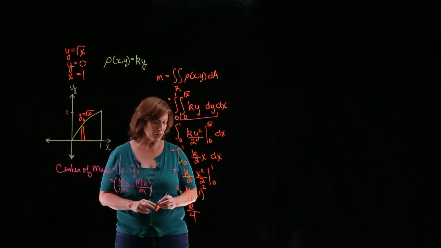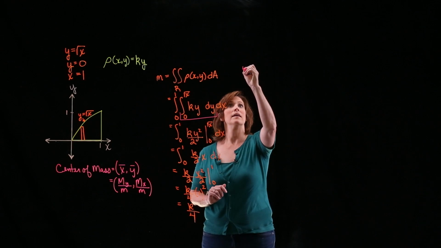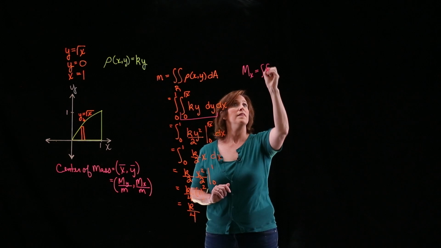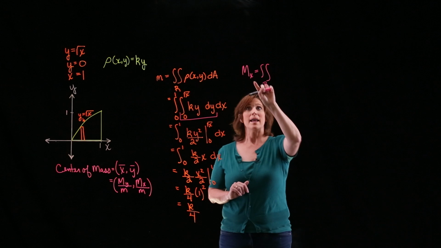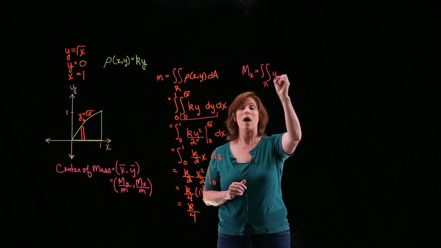But next I need to talk about those moments. So let's talk about the moment about the x-axis. This also requires a double integral over a region. But I need to find the distance from the x-axis, which I can represent by y.